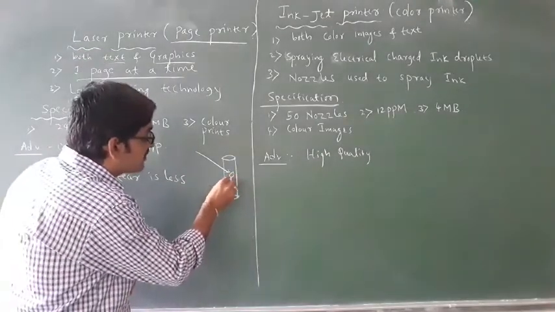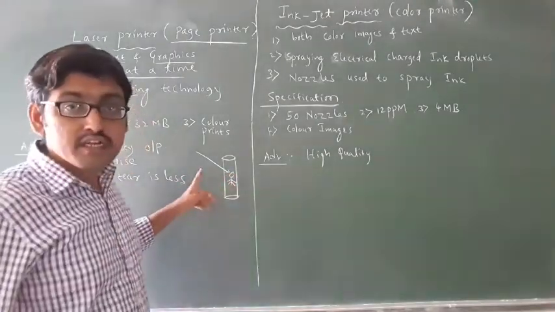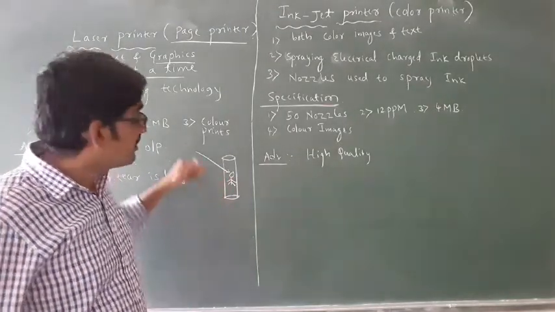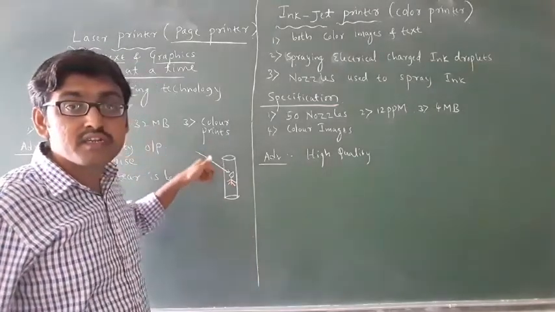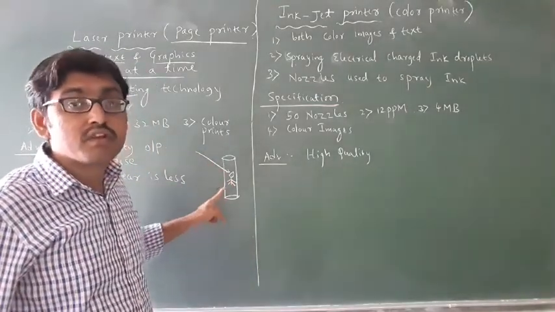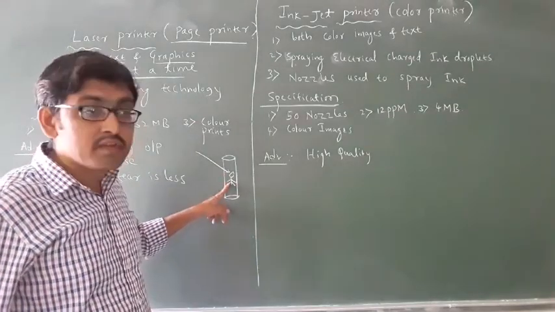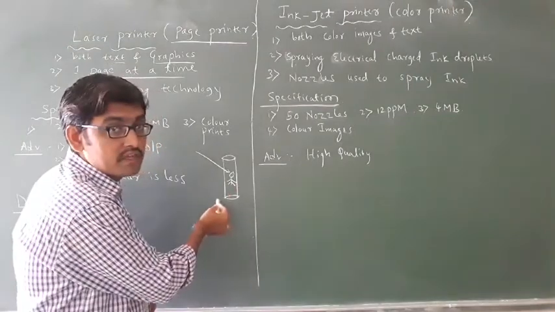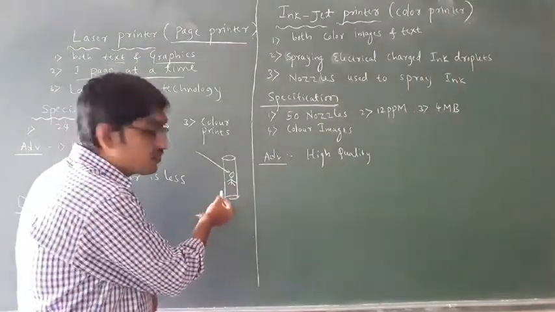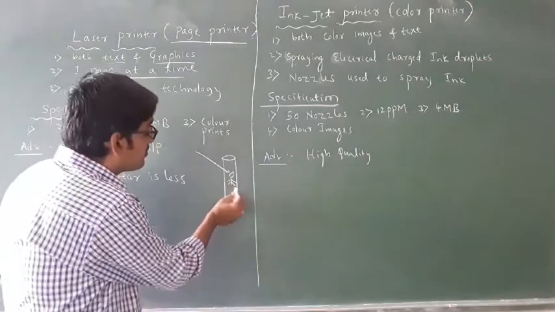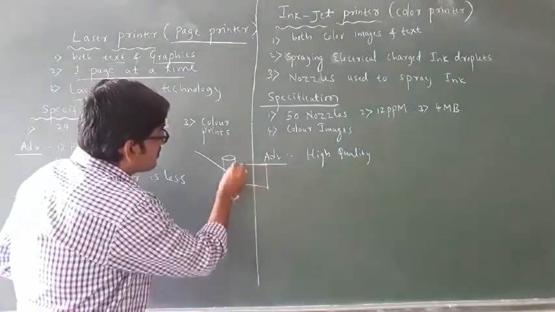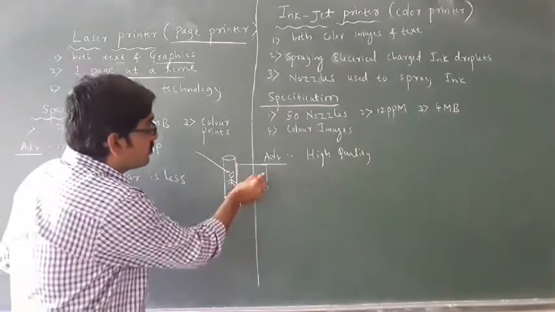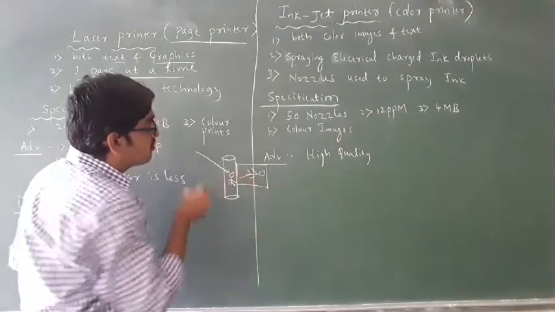creates images on the drum. The laser beam falls on the drum and creates images on the drum. The drum rotates, and the paper also moves along with it. Whatever images are on the drum will be produced on the paper.